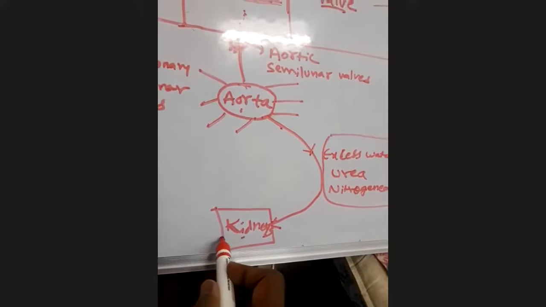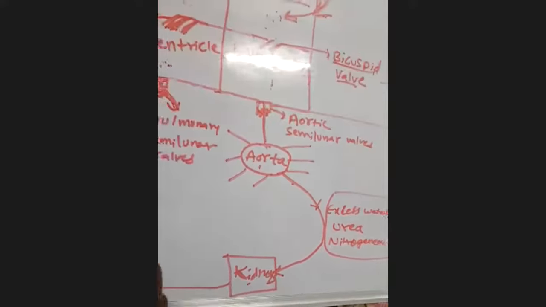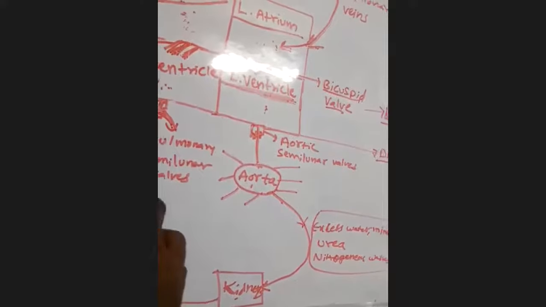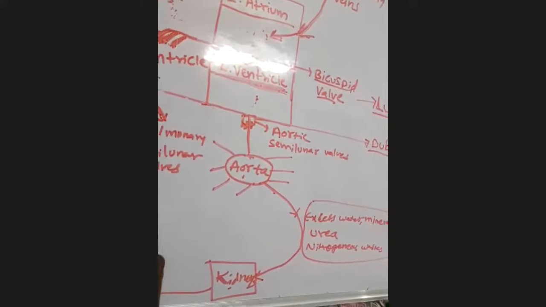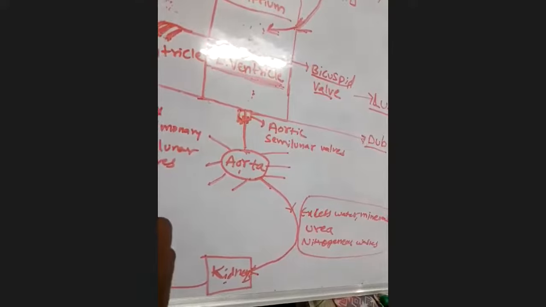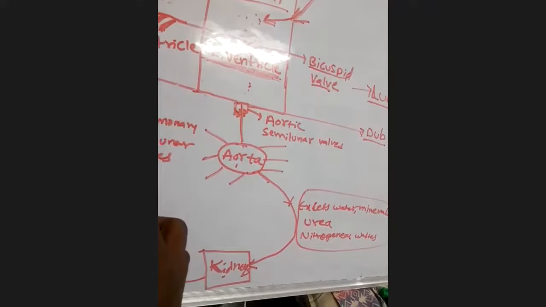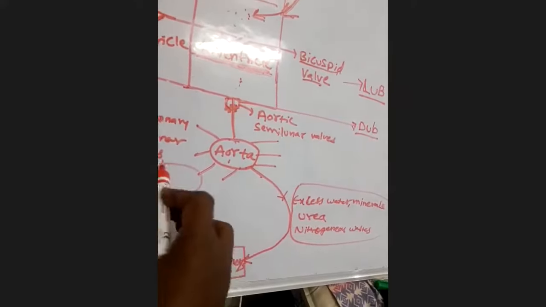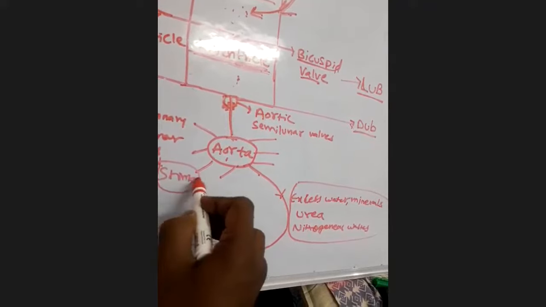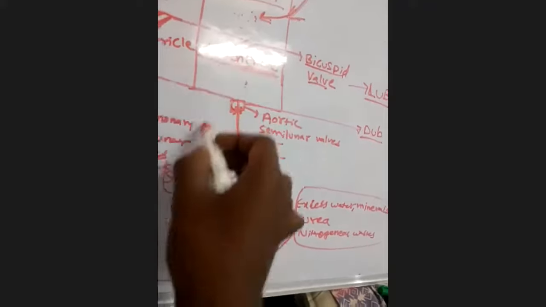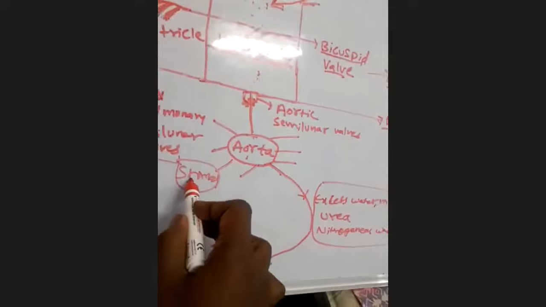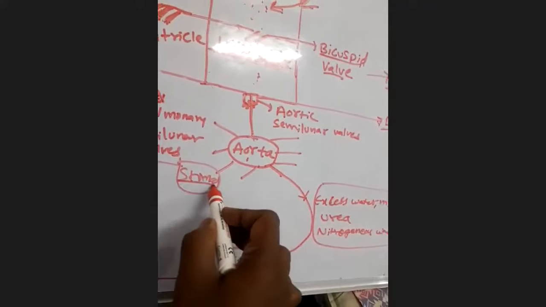And from here, blood also will come back, and here you will have the liver, right? This liver is connected to our stomach also. Whatever food we are taking goes into the stomach, right?